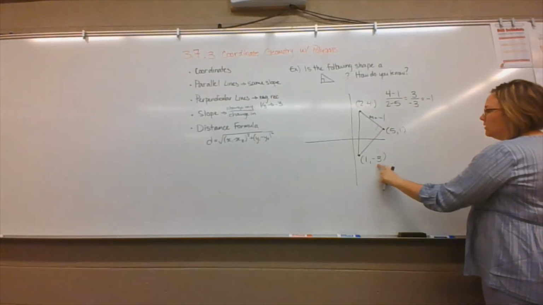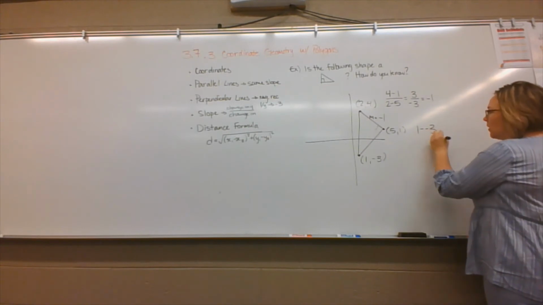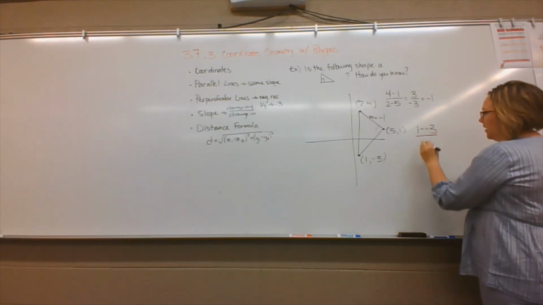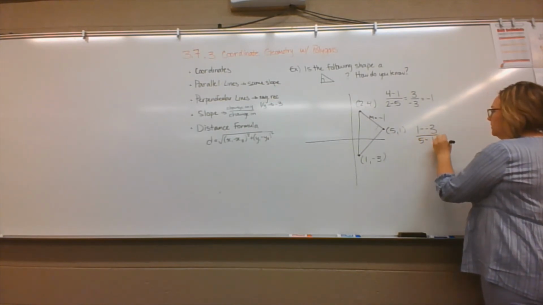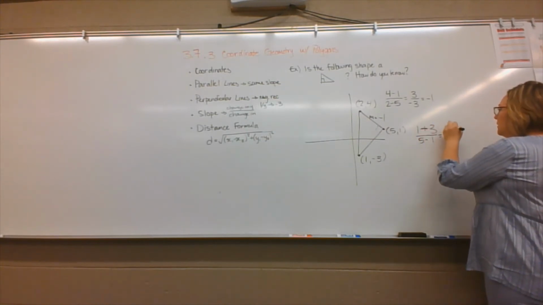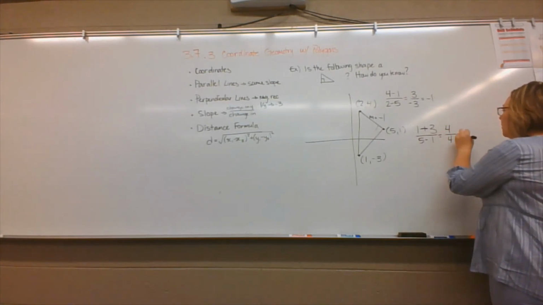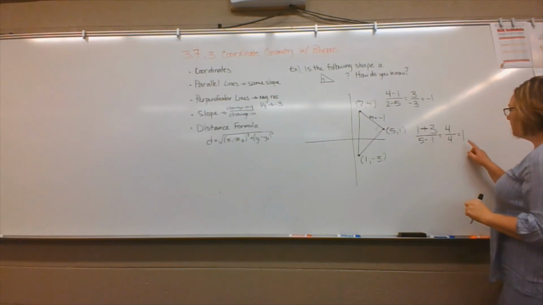We're going to have 1 subtract negative 3 over 5 subtract 1. 1 minus a negative 3 is 4. 5 minus 1 is 4. And 4 divided by 4 is indeed 1.